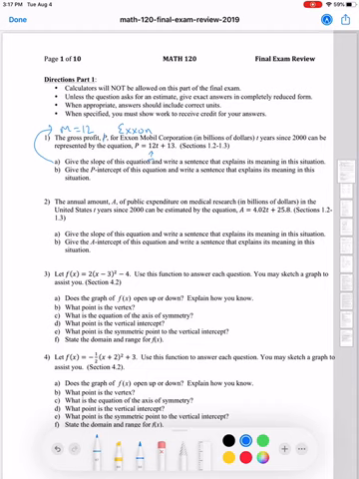Exxon profit increases by 12 billion each year. Okay, so Exxon's profit increases by $12 billion each year. That's what the slope represents in this problem.